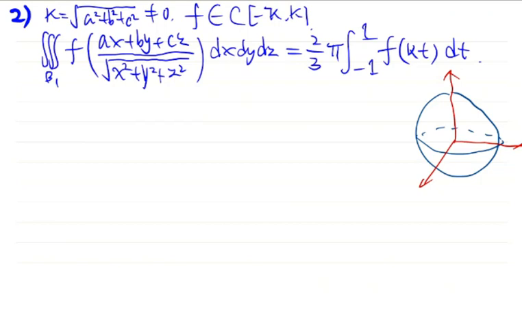And what shall we do? My idea is to convert the triple integral into an iterated integral. The inner integral is a surface integral. The outer integral is a definite integral. So we apply the Euler formula.